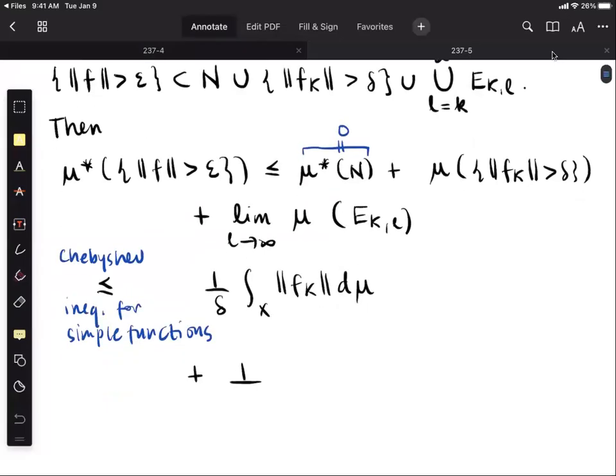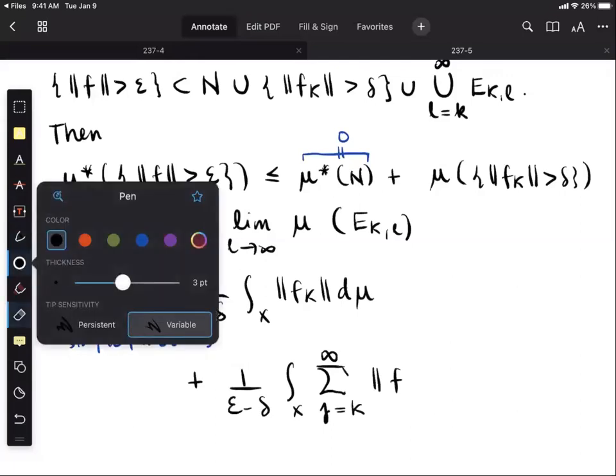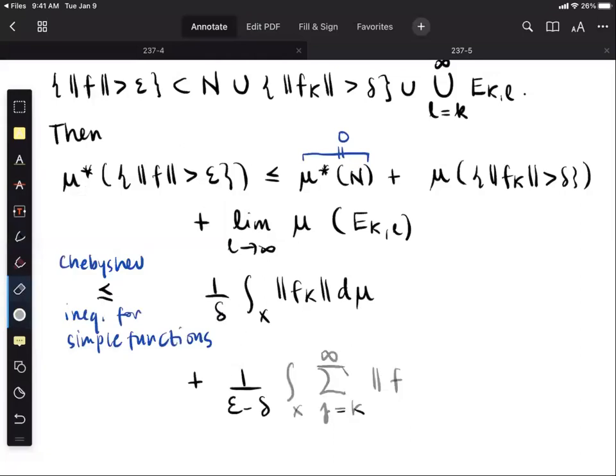Hence, we would have the following inequality. So this would be epsilon minus delta, and then the integral over x from j equals k to infinity. So we take the limit first. Let's do this slowly.